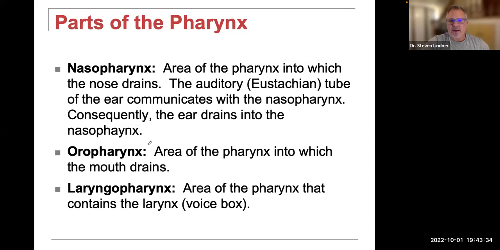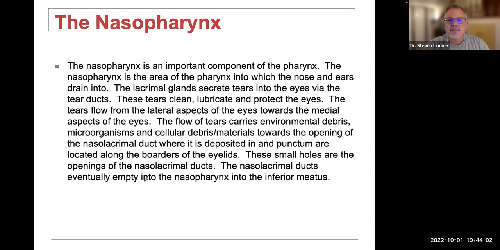The nasopharynx, oropharynx, and laryngopharynx are really the three main parts that I had just pointed out before. The nasopharynx is the area of the pharynx in which the nose drains. We have the eustachian tube or the auditory tube of the ear that communicates with the nasopharynx. And then we have the oropharynx, which drains into the mouth. And then the laryngopharynx contains the voice box.